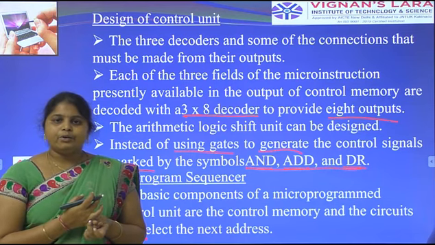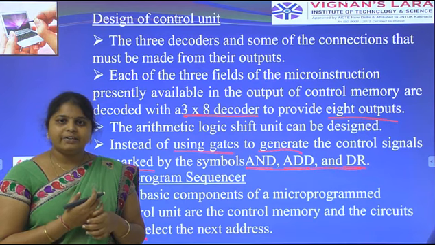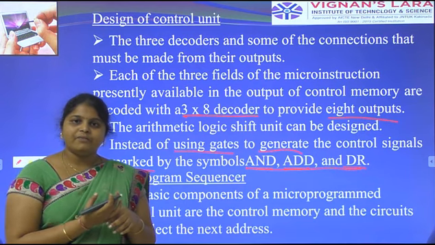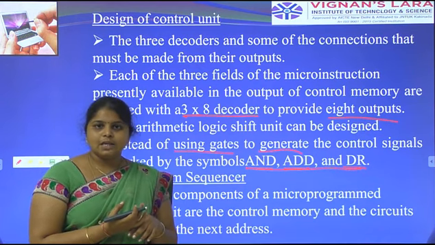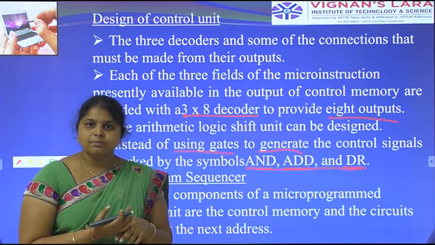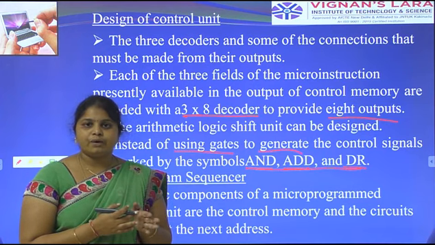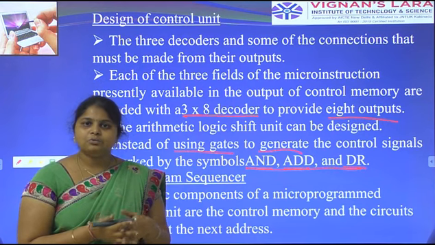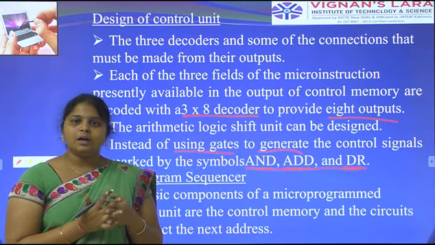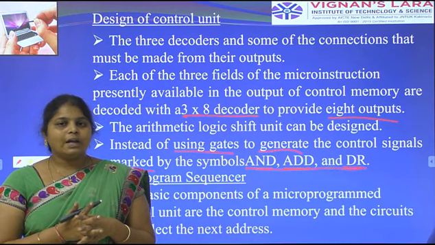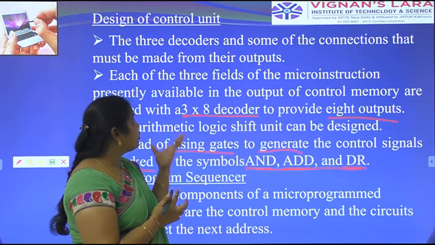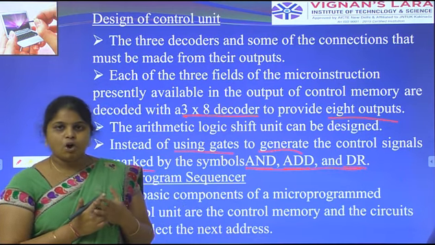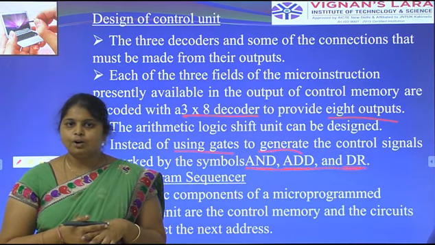What is a control unit? The control unit is responsible for generating control signals. Control signals are responsible for transferring the information to the several registers. It is also responsible for the ALU, the arithmetic logic unit, and computational problems. Mostly, a control unit can be designed in two types: hardwired and microprogrammed control.